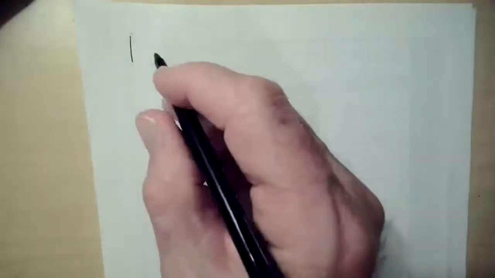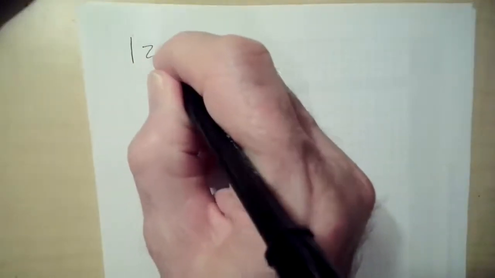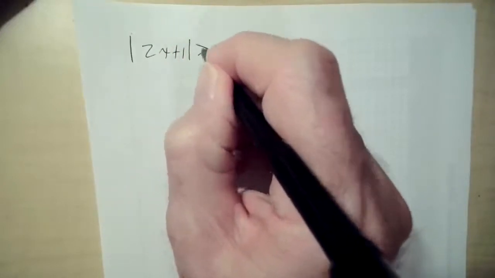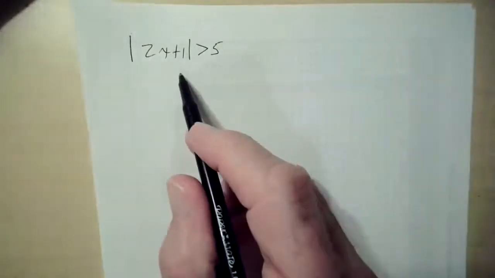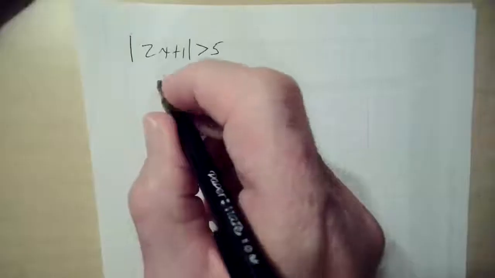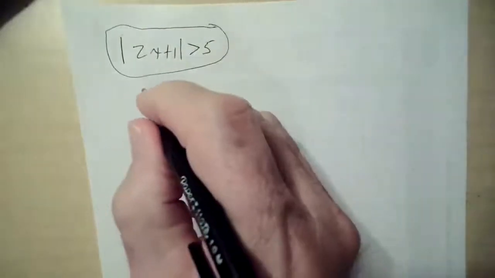Okay. So if we have the absolute value of 2x plus 1 is greater than 5, this is the original problem.